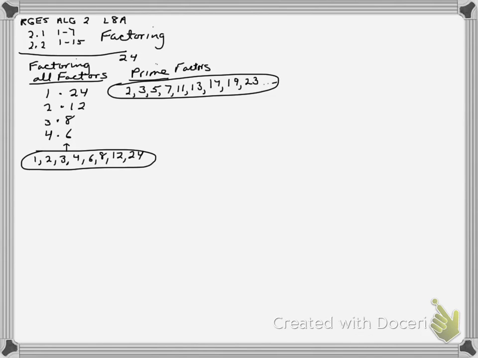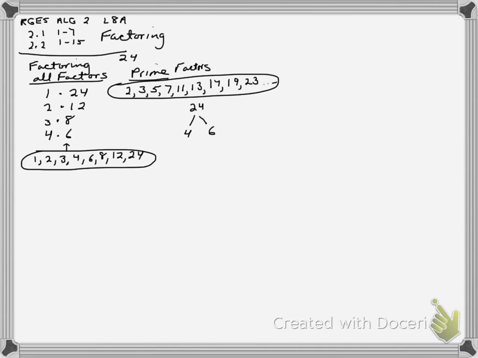But if we ask for prime factoring, I'm saying factor this number 24 into only prime numbers. There are 2 ways to do it, but I like to use the tree method, and hopefully this jogs your memory. I would think of any 2 numbers that multiply together to give me 24, and the first things that come to my mind are 4 and 6.